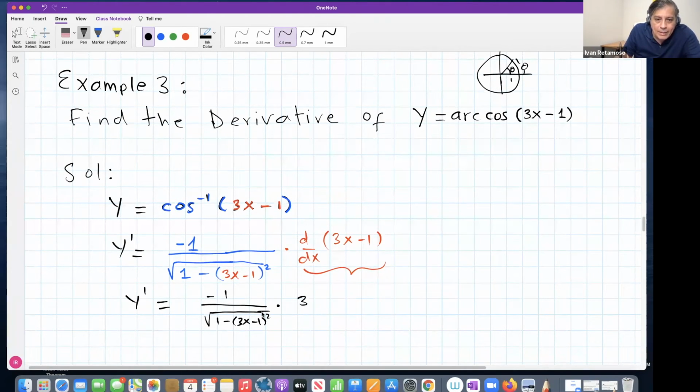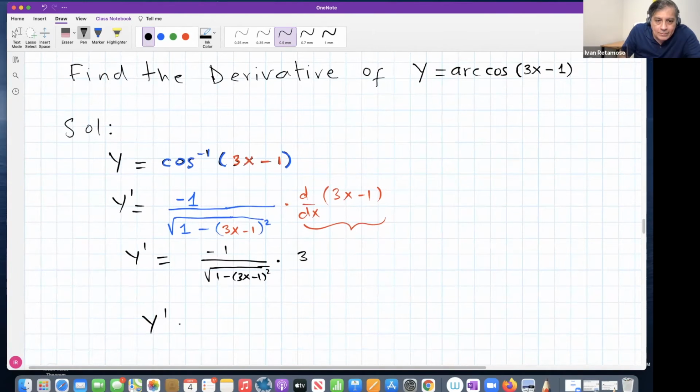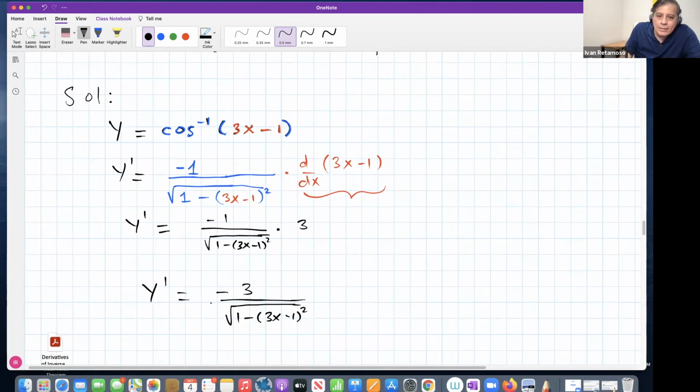Then do the math, and you will end up with this. y prime will be equal to 3 times negative 1, negative 3, over the square root of 1 minus (3x minus 1) squared, and that should be it. Now, this negative sign, mathematicians often place it here in the middle.